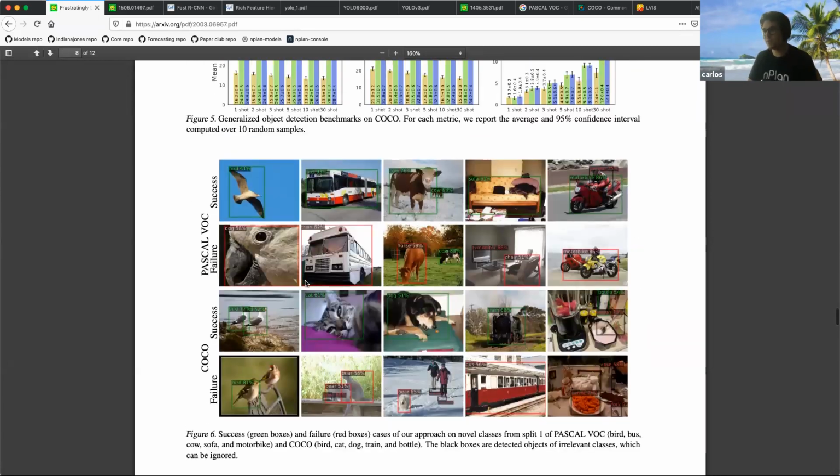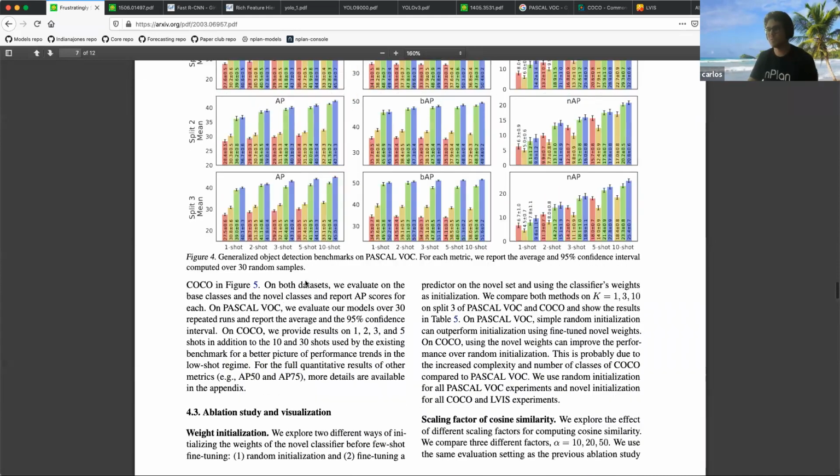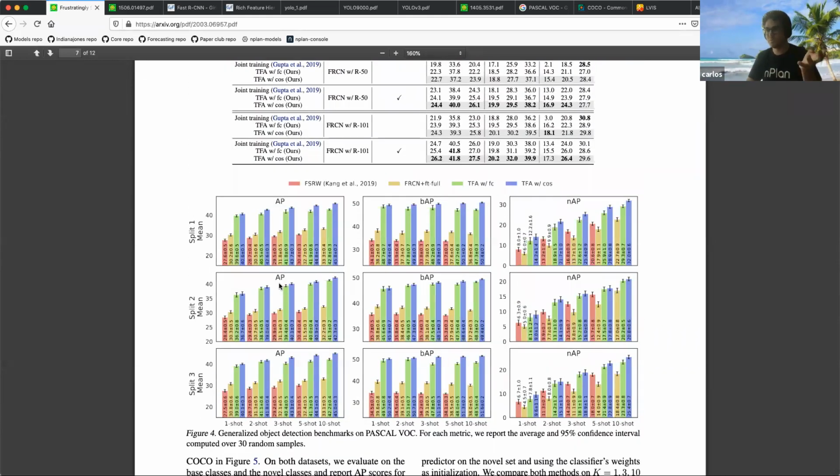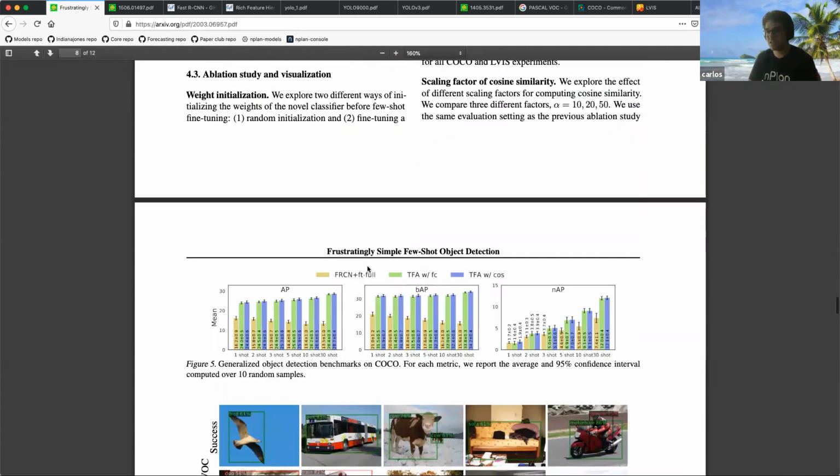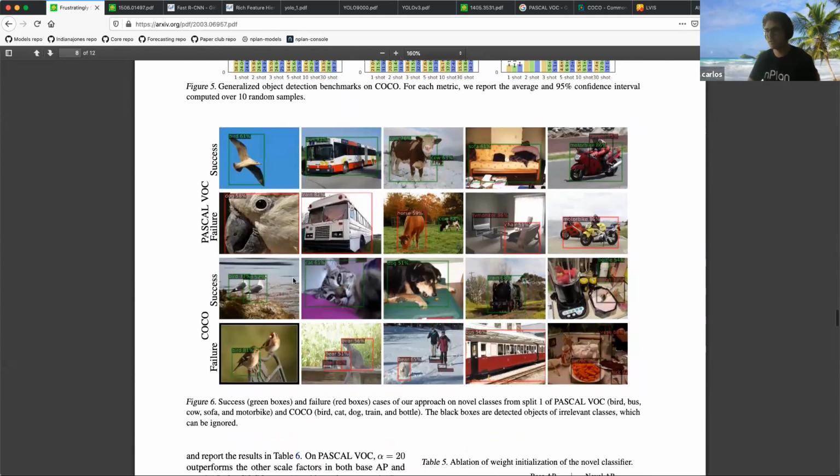The paper goes on and on speaking about precision in the different data sets. I think the story is the same for the whole paper, but I would like to open the discussion after this. My final question was, okay, you can detect objects very well, but how good are those bounding boxes?